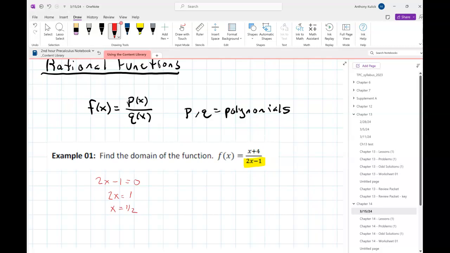Let's make that not equal. That's the only x value that is going to cause this function to become undefined. So we say the domain is the set of x's between negative infinity and 1/2, or between 1/2 and positive infinity.